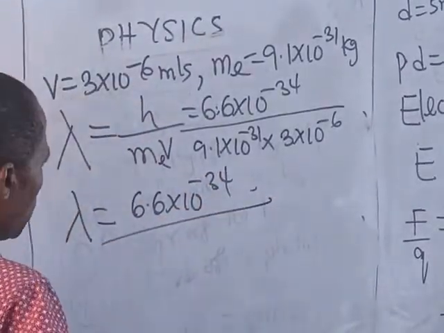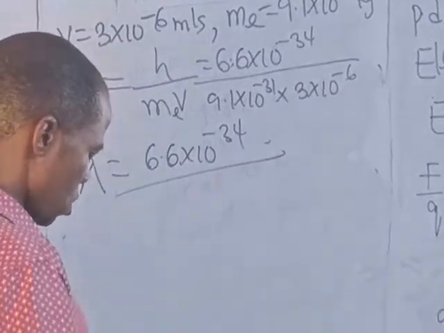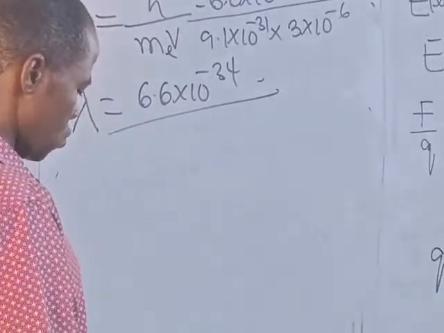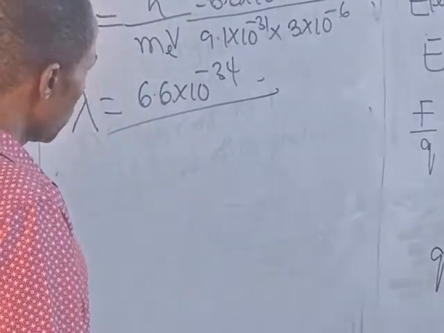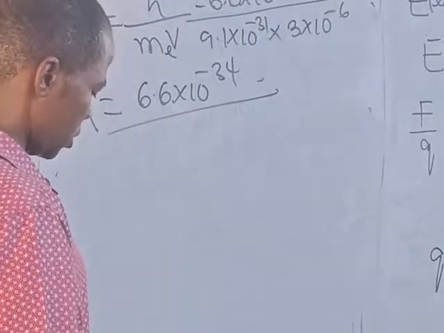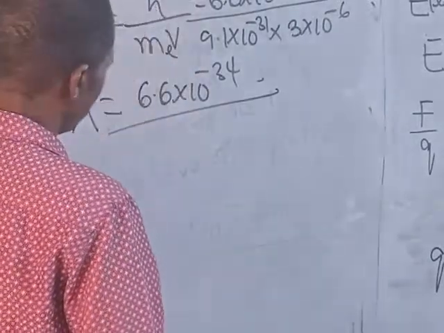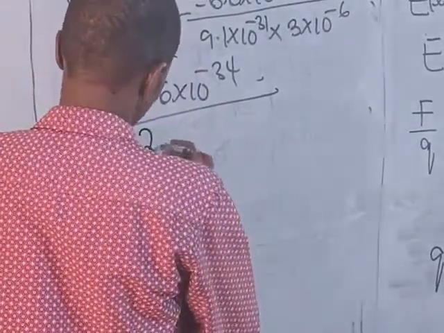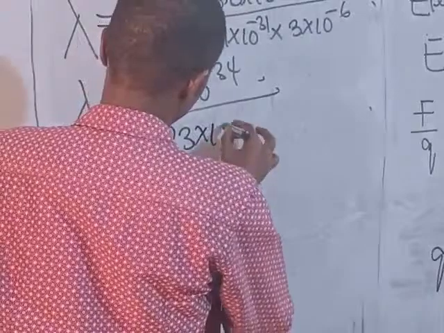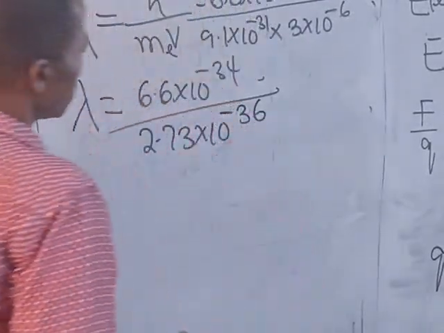Now, if we multiply this, that's 9.1 times 10 to the power minus 31 multiplied by 3 times 10 to the power minus 6, then that gives us 2.73 times 10 to the power minus 36.